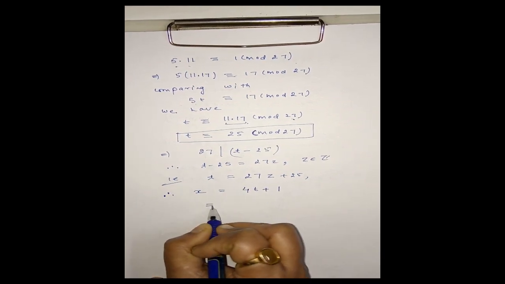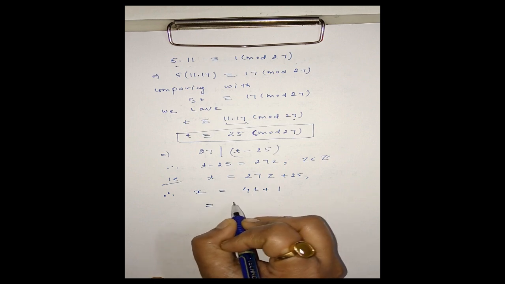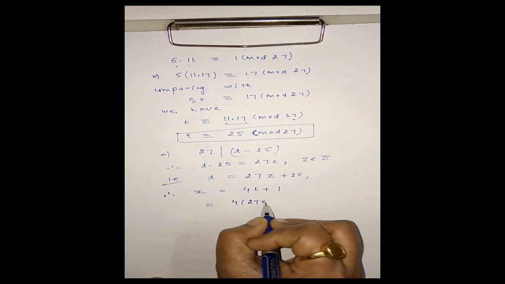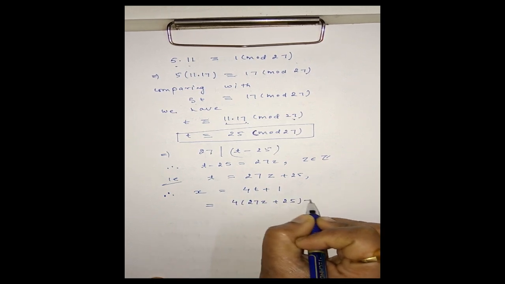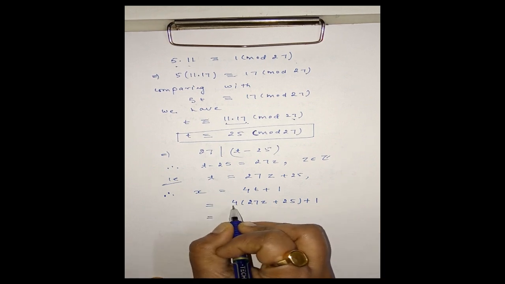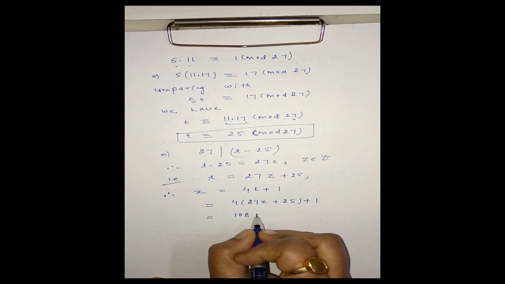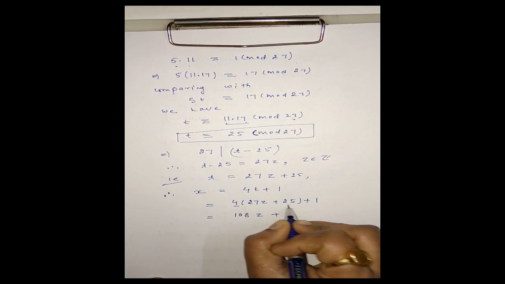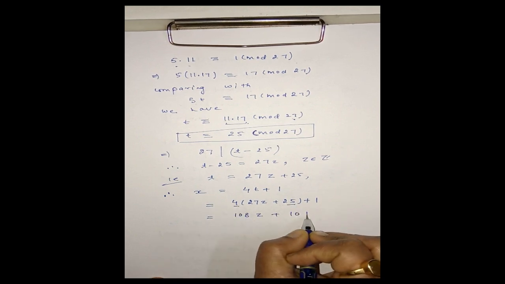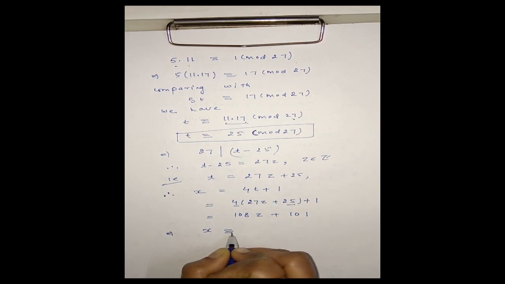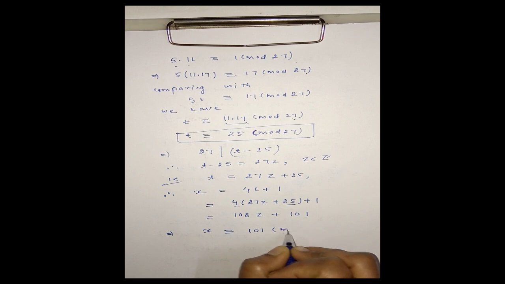Now substituting the value of t in x, 4 into 27z plus 25 plus 1, that is 27 into 4, that is 108, plus this is 100 plus 1, that is 101. Or we can write like this, x is congruent to 101 modulo 108.